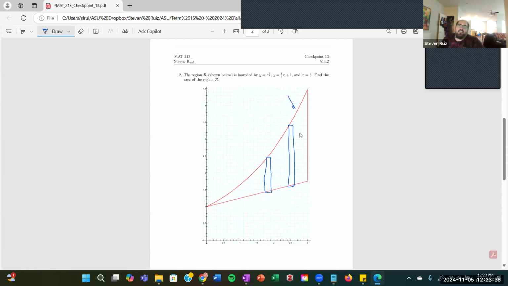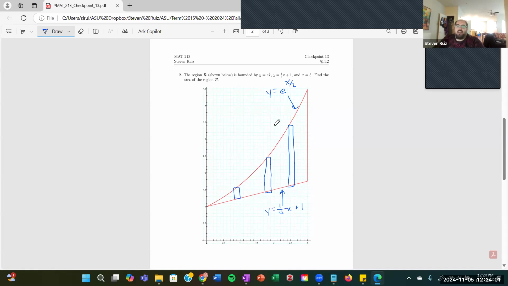So this upper curve is e to the x over 2, and this lower curve is 1/4 x plus 1. The top curve will be that exponential function, and the bottom curve will be this straight line.